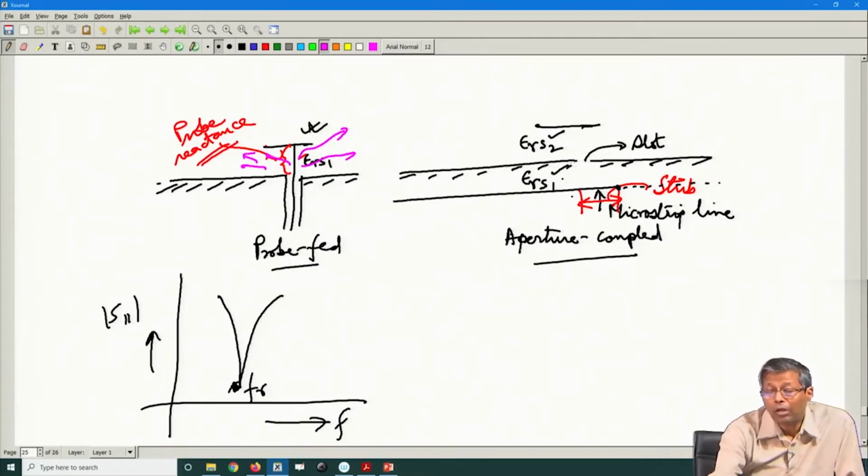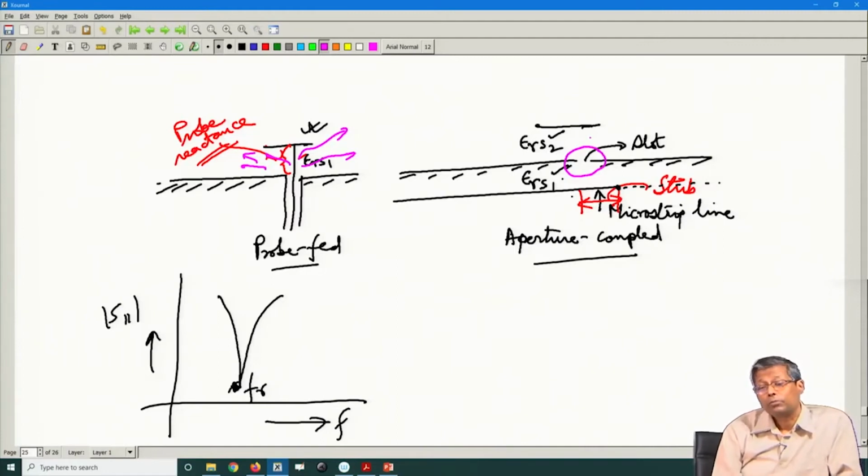But here the slot length does not depend on the thickness of the substrate. So, it is less susceptible to varying the inherent patch resonance. It is not that the slot does not radiate, the slot also radiates and it causes spurious radiation, but the spurious radiation from the probe is larger because it is dependent on the height of the substrate. In addition, you have to drill a hole through the substrate, there is no hole to be drilled here. So, all these features contribute to the positive sides of this design.